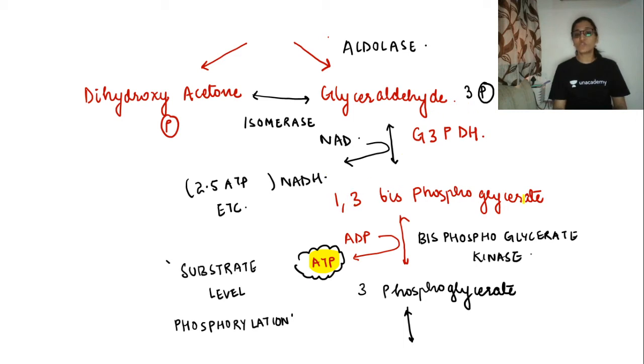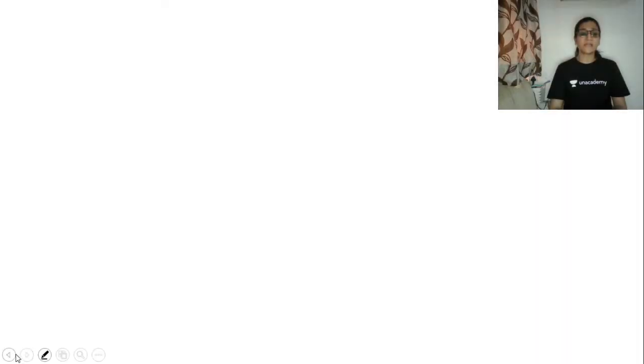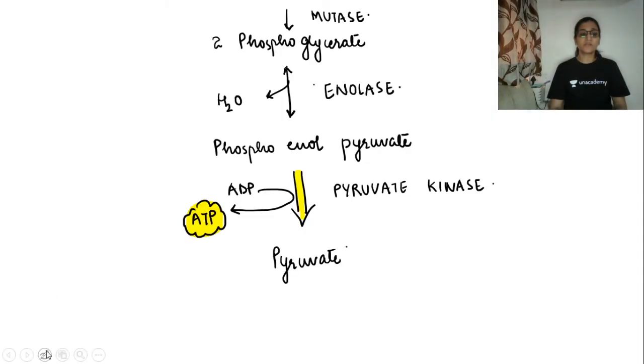Glyceraldehyde 3-phosphate is going to change into 1,3-bisphosphoglycerate, which is going to change into 3-phosphoglycerate, and then 2-phosphoglycerate. 2-phosphoglycerate will change into phosphoenol pyruvate, and phosphoenol pyruvate will change into pyruvate in an irreversible reaction, which again gives rise to substrate level phosphorylation, that is generation of ATP. So remember these things. Now we also read that glycolysis can occur anaerobically. So if it is occurring anaerobically, what is going to happen? It is going to form pyruvate and lactate.